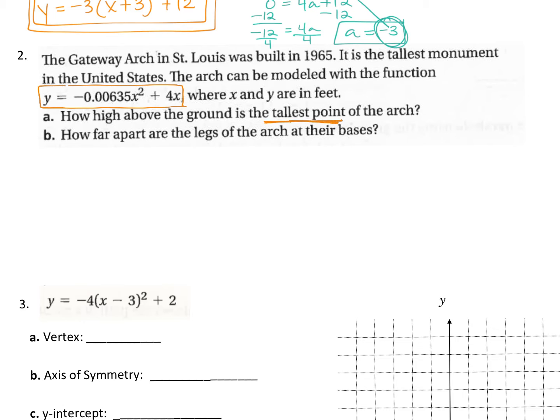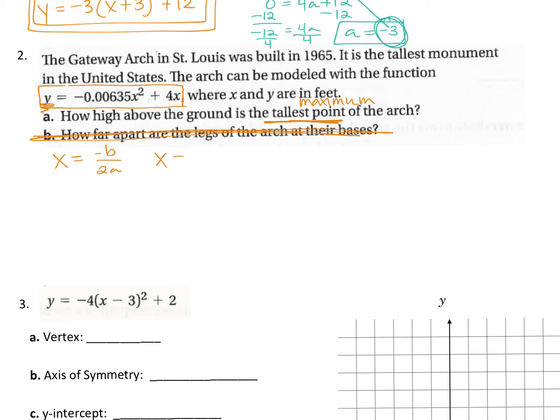So basically they're saying, what's your maximum, right? And how high above the ground, that's your height. That's going to be this y value. So you're looking for your y, okay? But you have to start, we're not going to do this part of it. You have to start with x equals negative b over 2a.